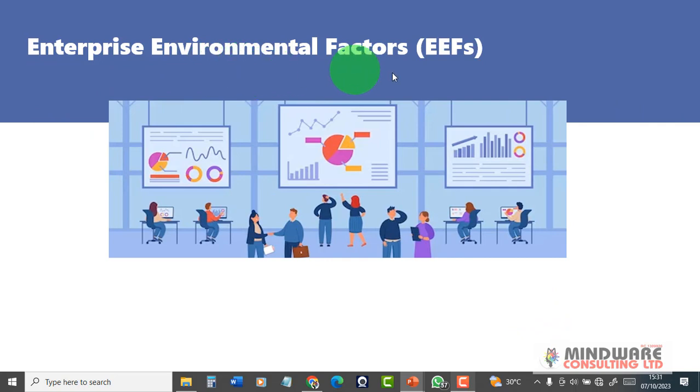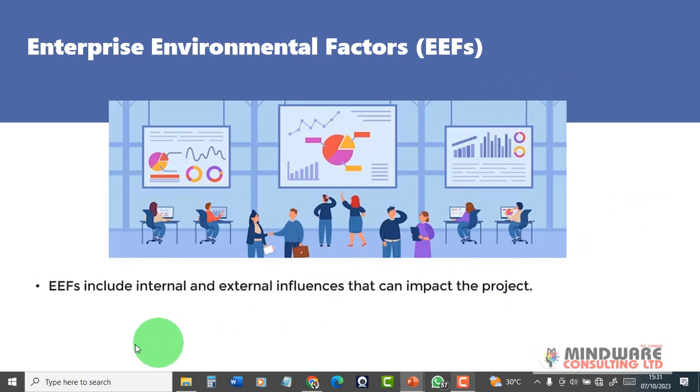Next is enterprise environmental factors. Now we've also dealt with this extensively earlier on, but as you can see here, it is an input in developing the project management plan. Now, EEFs include external and internal influences that can impact the project.